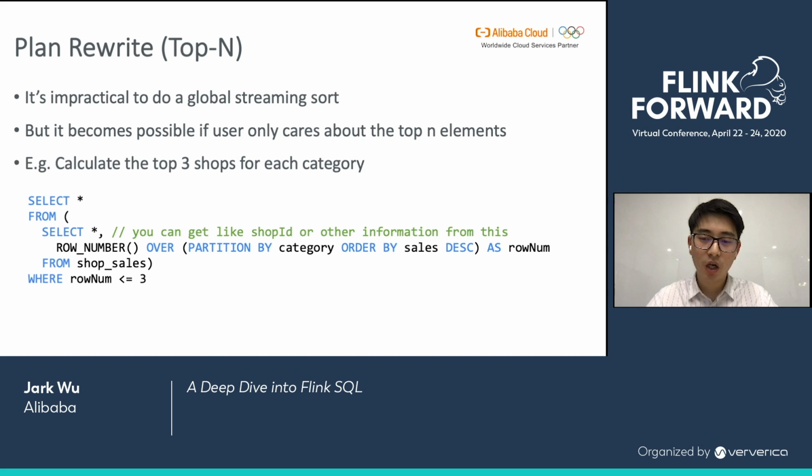In this query, we use an over window to calculate a row number for each record. The over window is partitioned by category and ordered by sales. So each category will have a ranking list, and the higher selling shops will have a higher ranking. And in the outer query, the filter will filter out all the shops with a row number larger than 3. In this way, we keep only the top 3 shops.